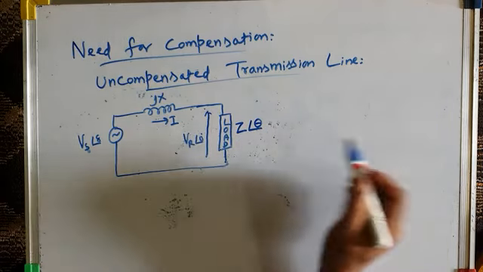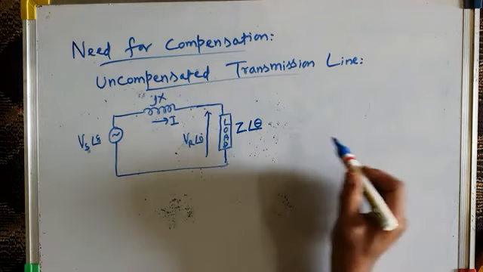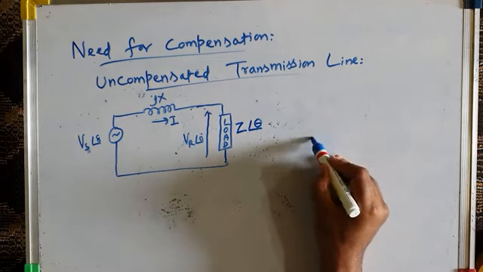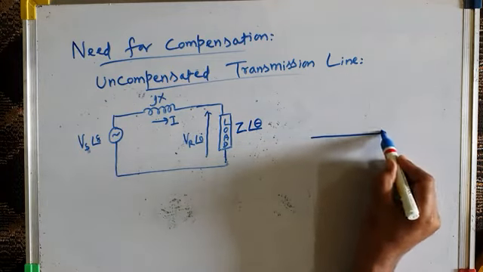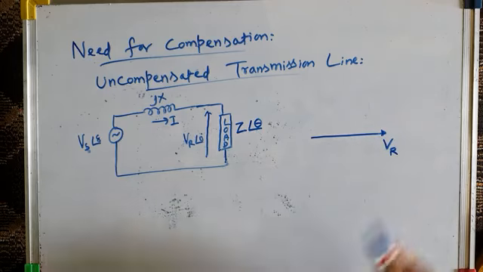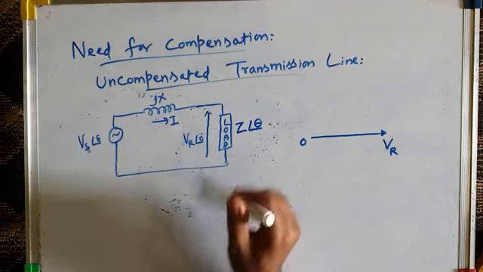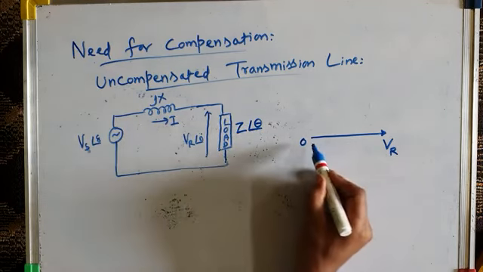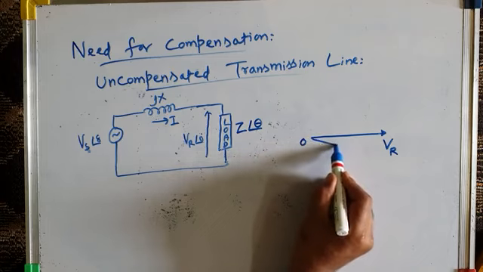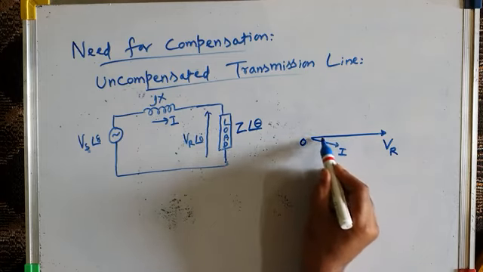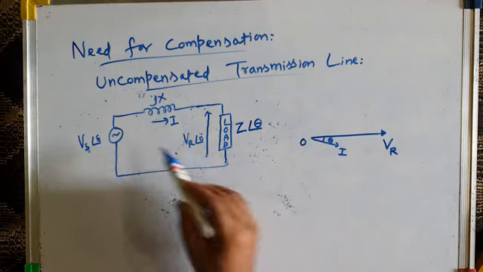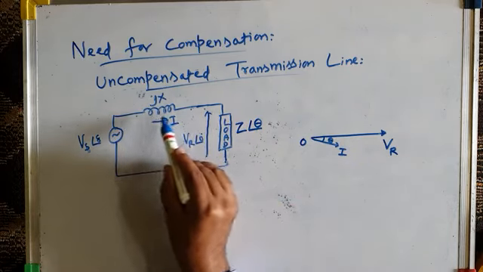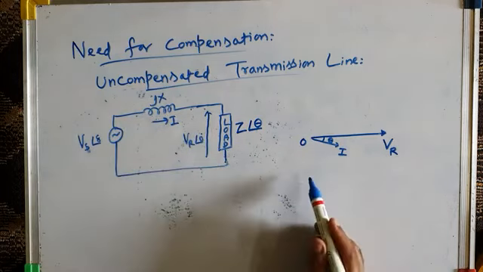Now if you draw the phasor diagram for this system, it is a very simple system. Let us take the receiving end voltage VR as the reference. Now assuming that the load is reactive in nature, operating at lagging power factor, this may be the current I flowing through the load, which is the same current flowing through the transmission network.